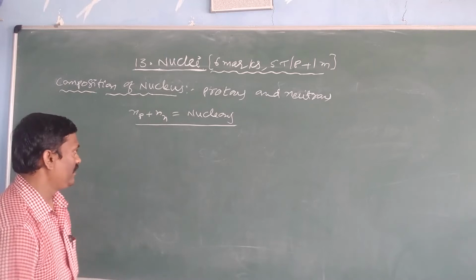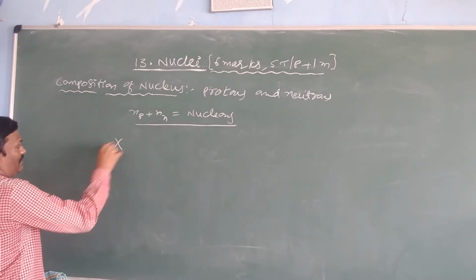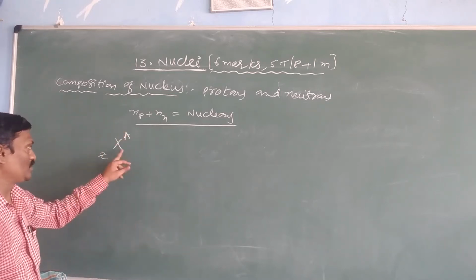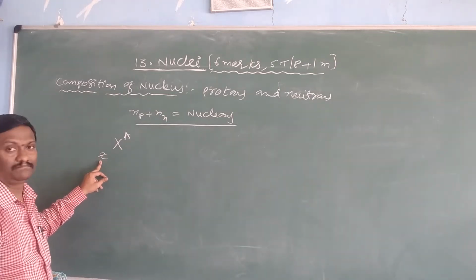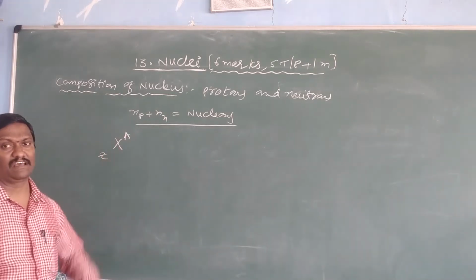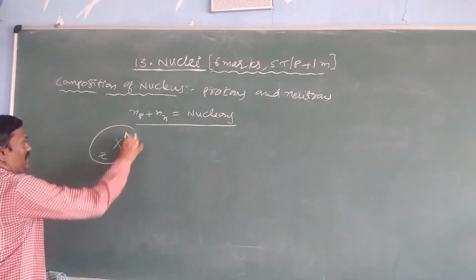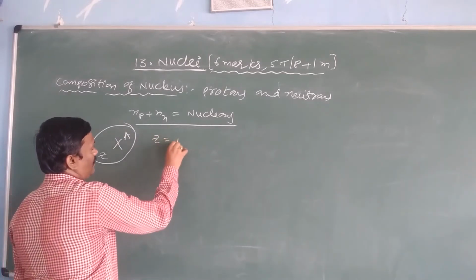Generally, every nucleus is denoted by the symbol X with Z and A. For example, X is the nucleus. Here Z means atomic number and A means mass number.